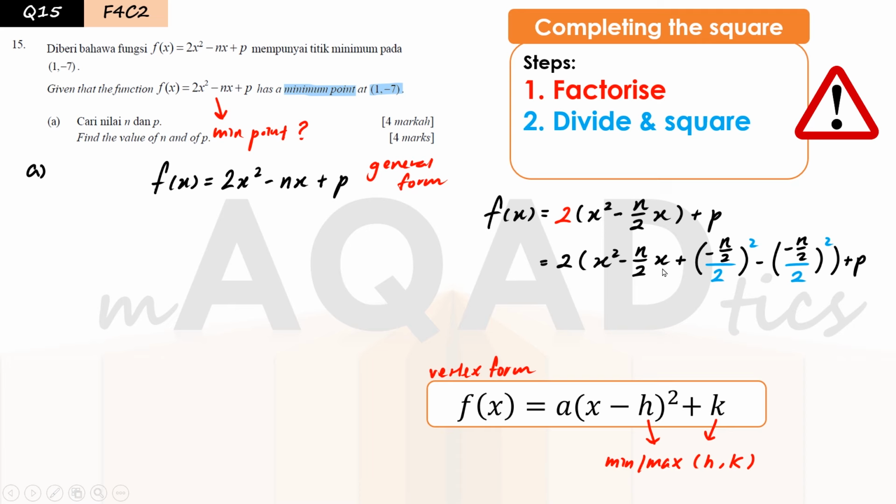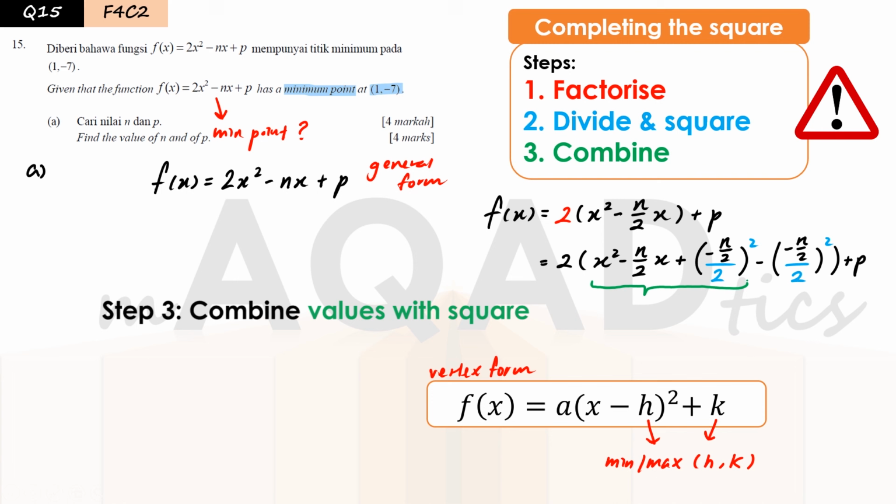And now we are going to the last step, which is to combine. So what are we combining? So here we are going to look at the first 3 values here, and we are going to combine these 3 values by taking the values that have square, right, which is the x squared here and this value here.